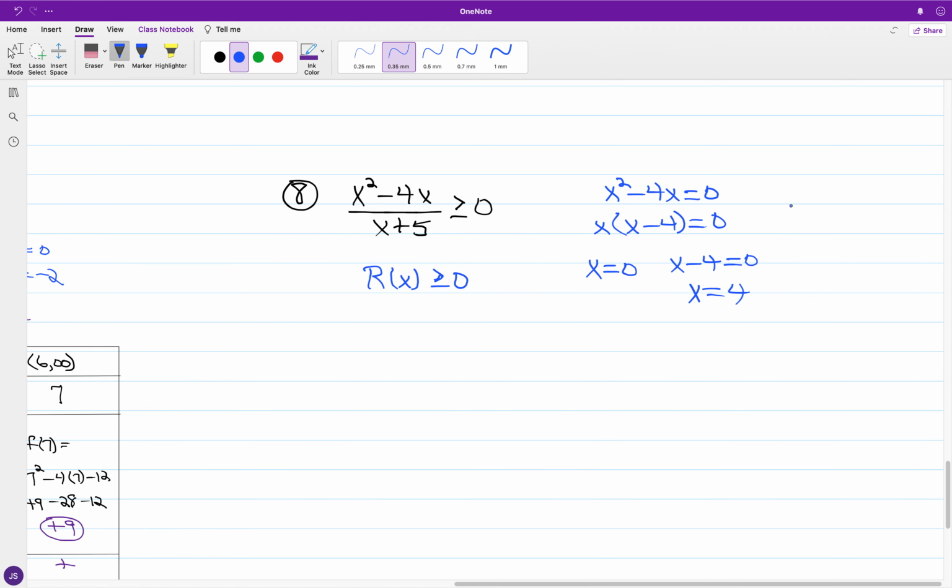And with the denominator expression, we have x plus 5, and the zero of this is x is equal to -5.